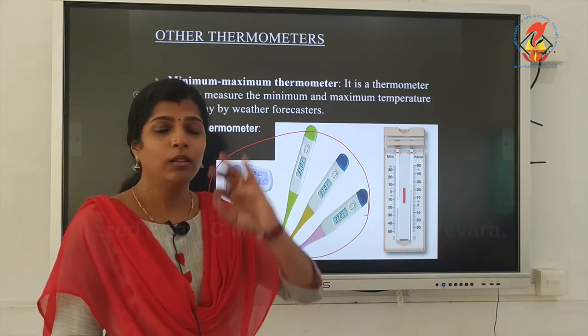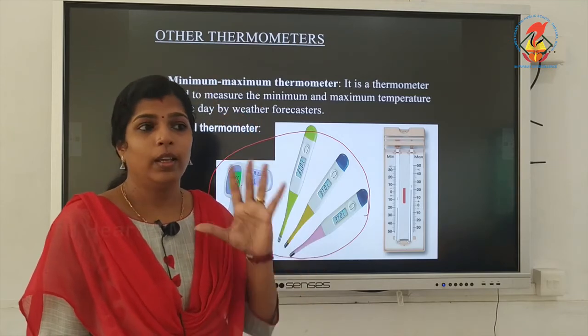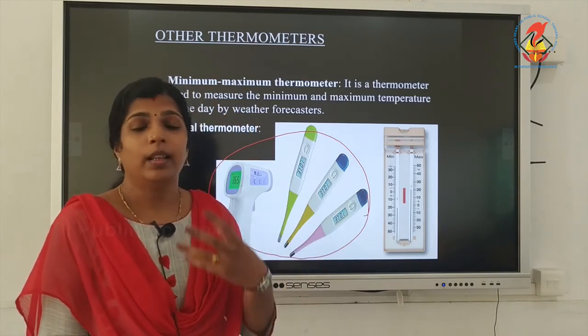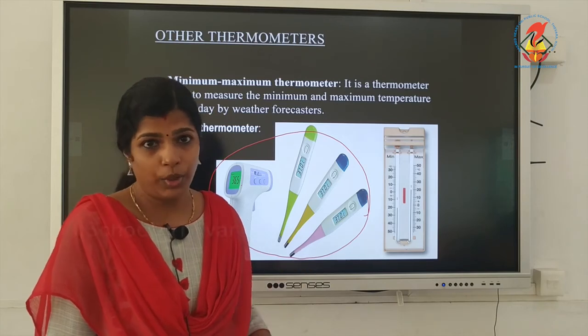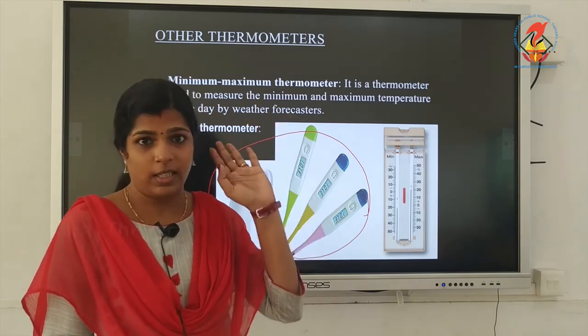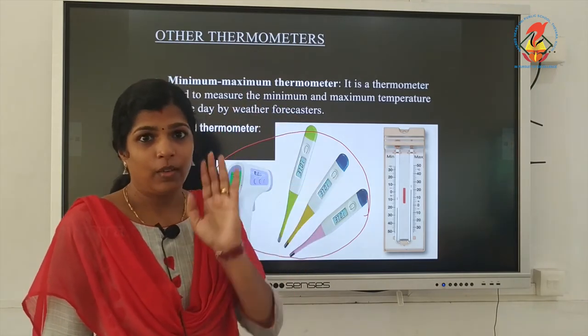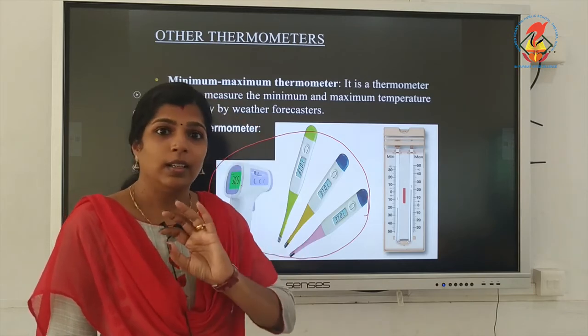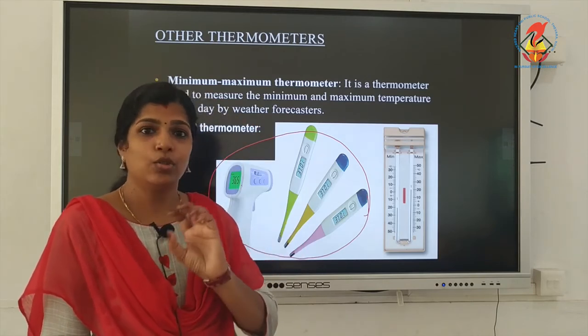It's a long straight tube. That tube is known as a stem, and a bulb is there. That bulb is filled with mercury. One end of that tube is sealed. The other end is attached to the bulb.